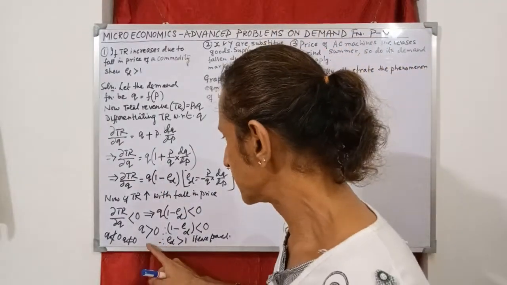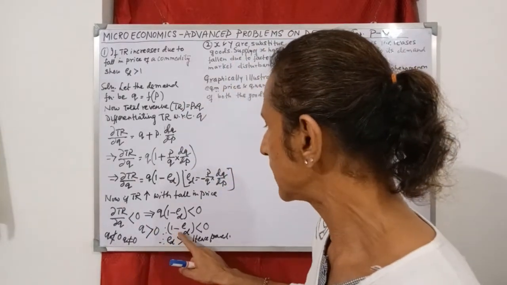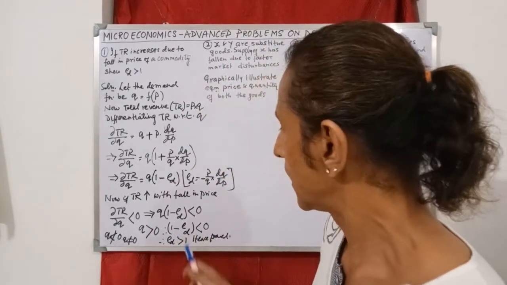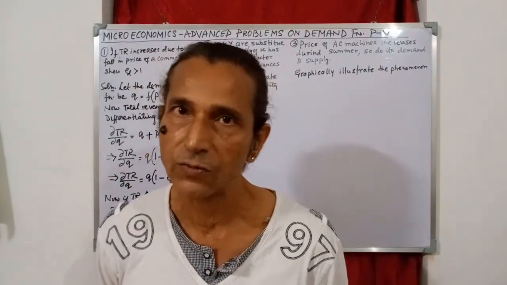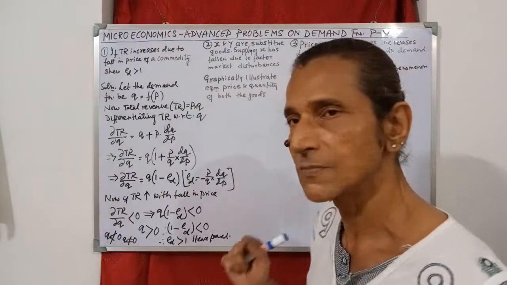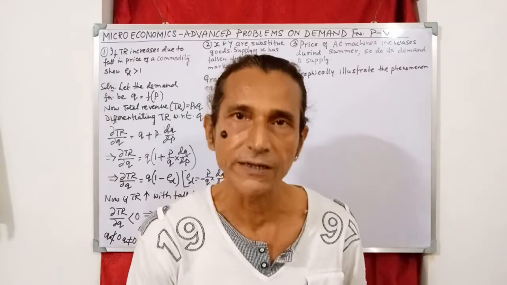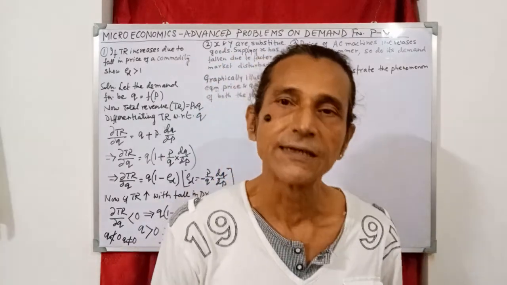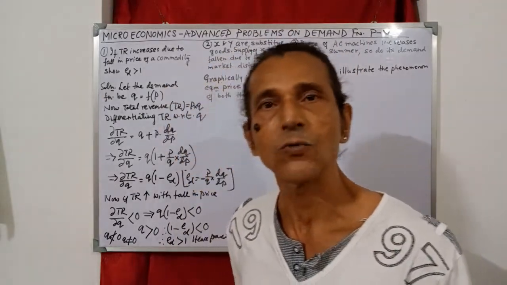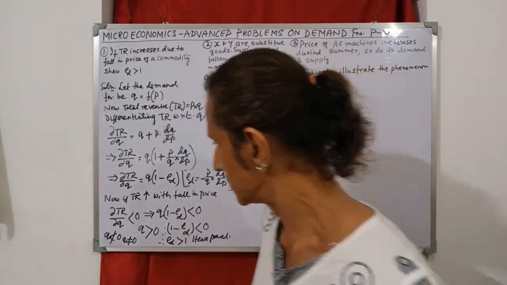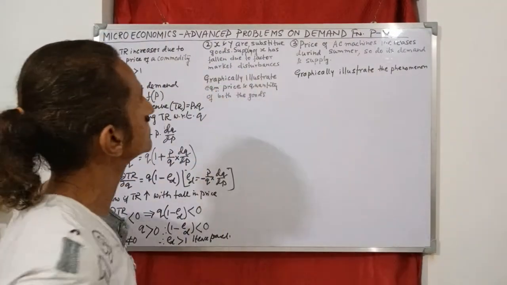If Q is greater than 0, then 1 minus ED must be less than 0, and 1 minus ED can be less than 0 if and only if ED is greater than 1. Hence proved. So what is proved? If as a result of fall in price of a commodity, the total revenue increases, then the price elasticity of demand of that commodity must be greater than 1.